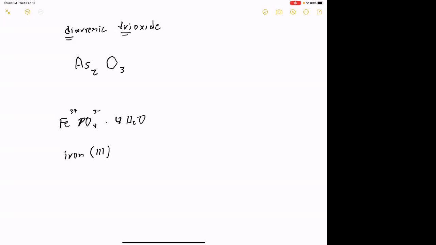That's why I put it in parentheses to show that. Now, there's the name of the ionic compound by itself. Now we can do the hydrate part. So 4 is tetra, right? And then we just add hydrate.